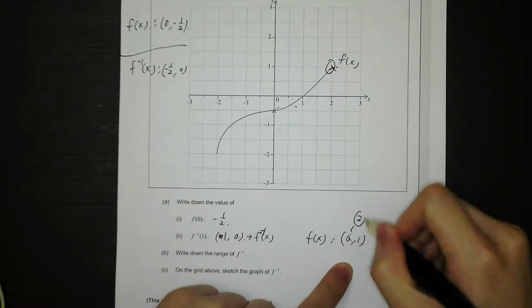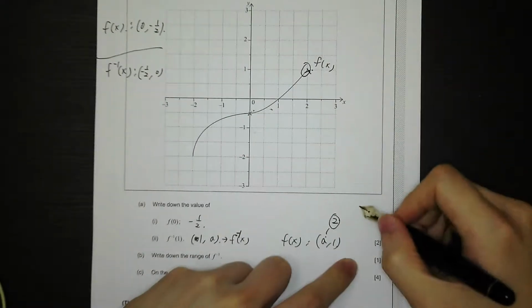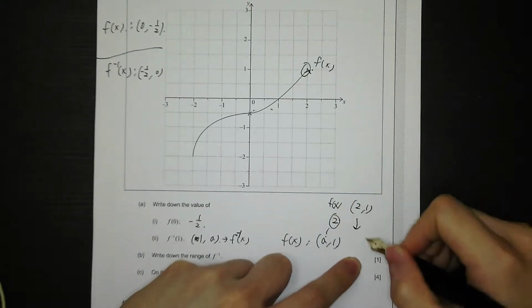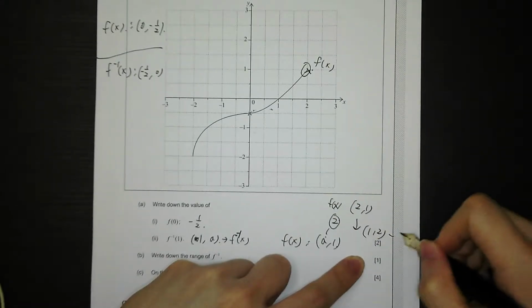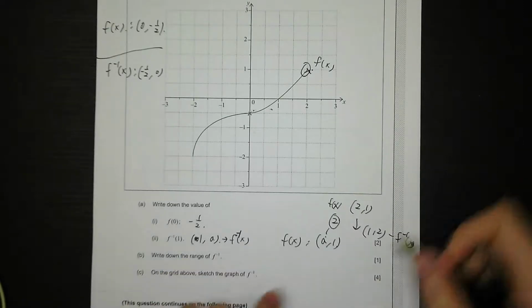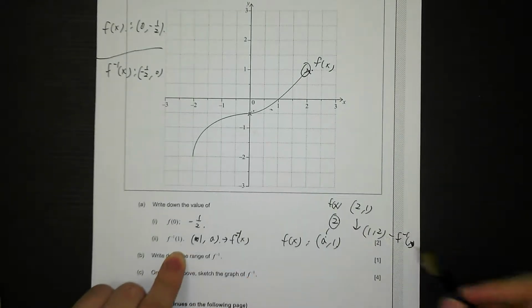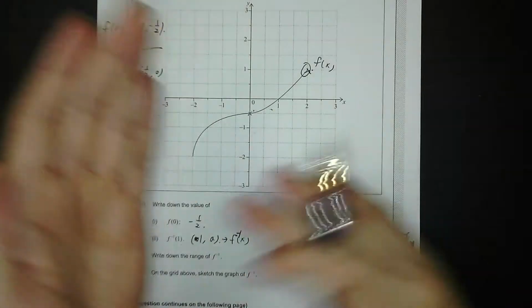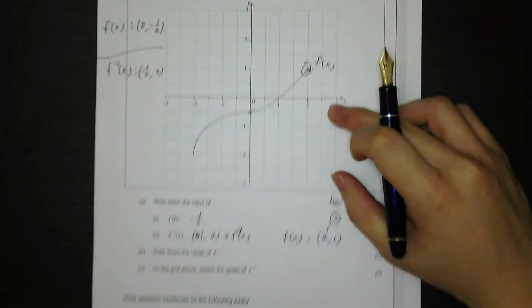So a equals 2. That means the point (2, 1) on the original function becomes (1, 2) on the inverse function. So f inverse of 1 equals 2 here. Remember, for the original function and inverse function, the x and y swap.